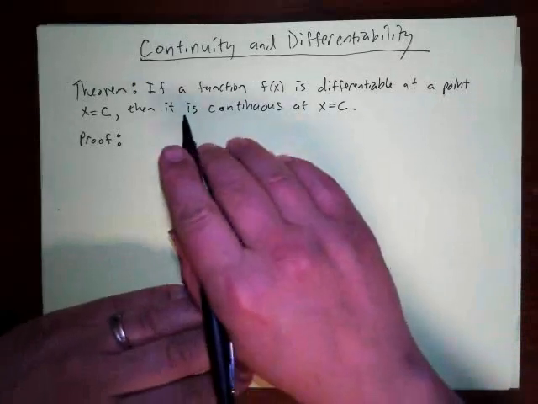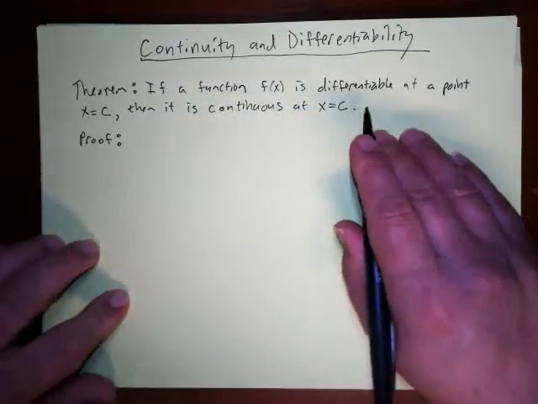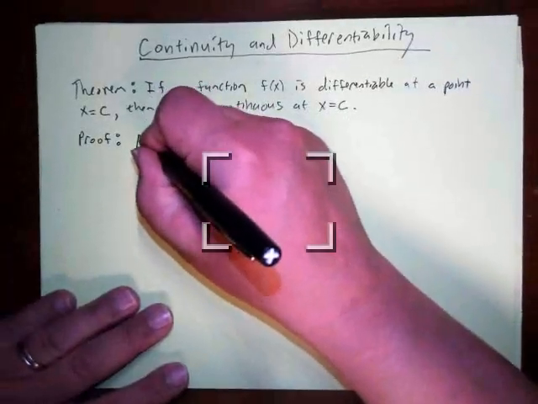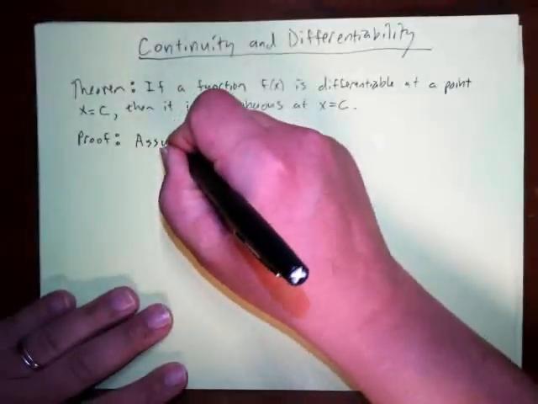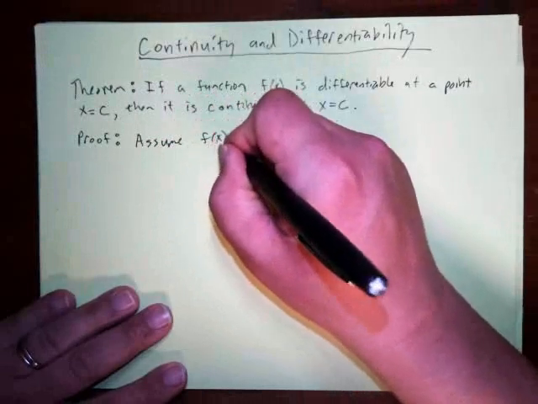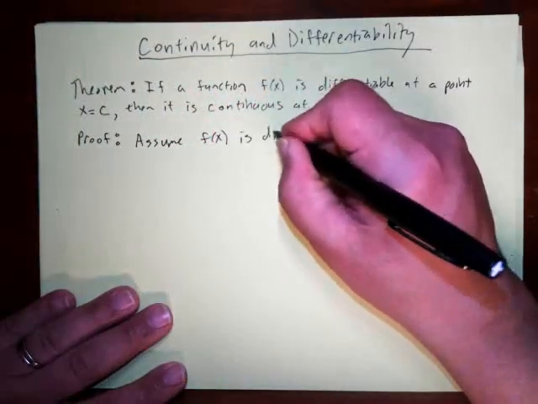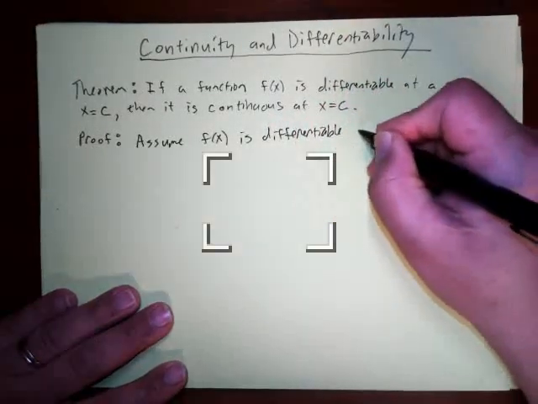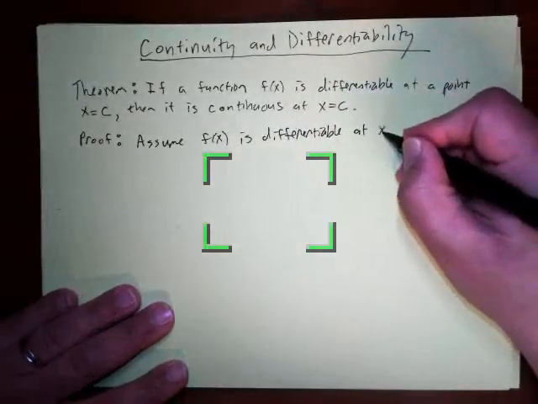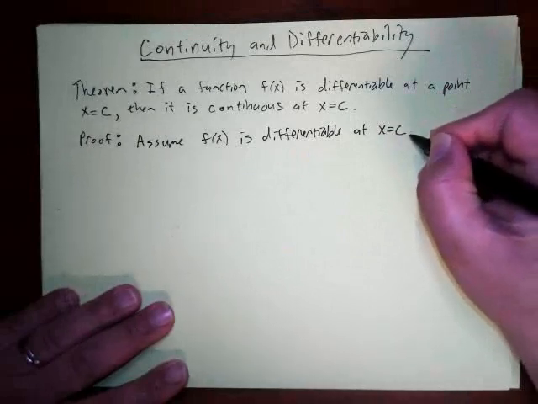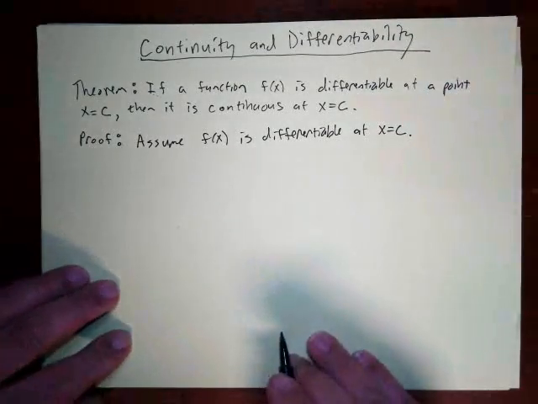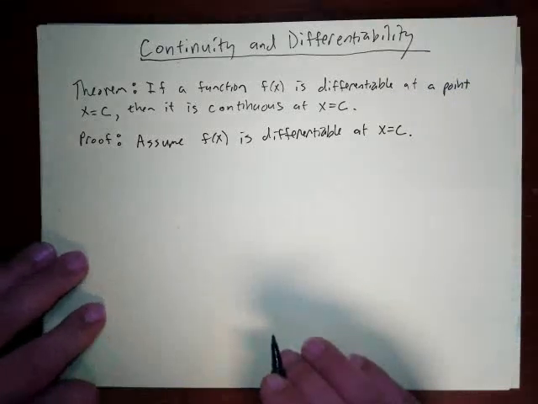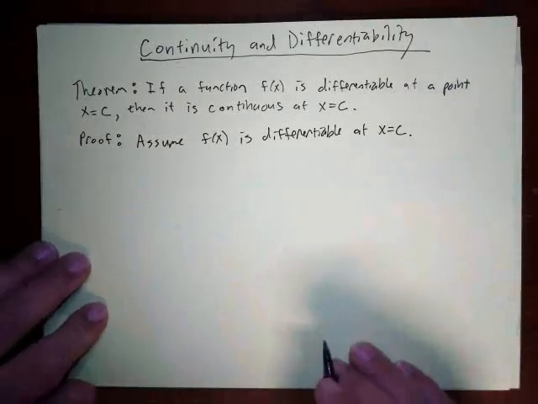Well, we're going to assume that it's differentiable at c. So let's assume f of x is differentiable at x equals c. Well, let's just remind ourselves what that means. I'm going to use the alternative definition of the derivative.